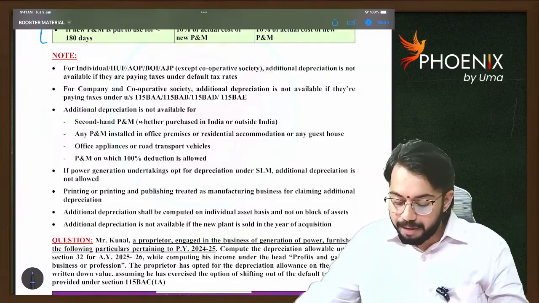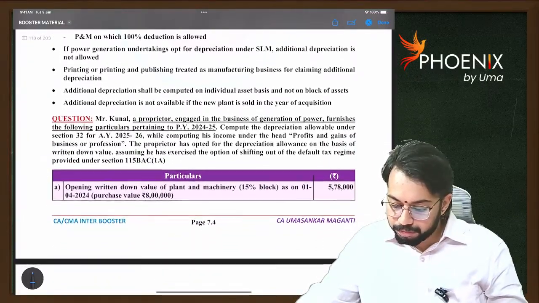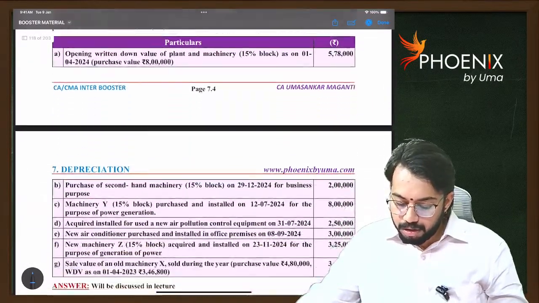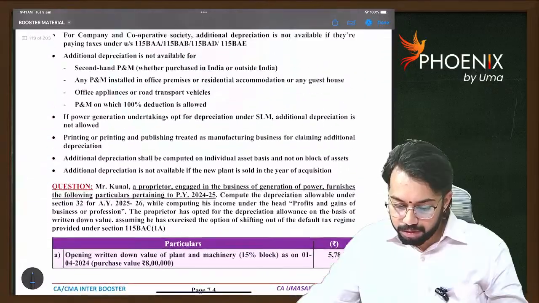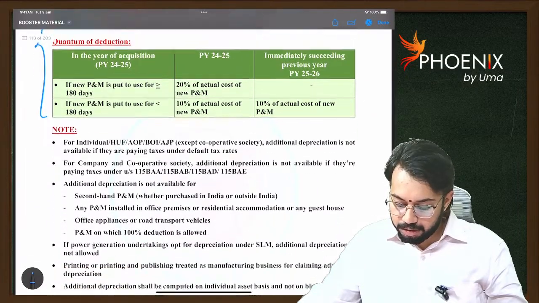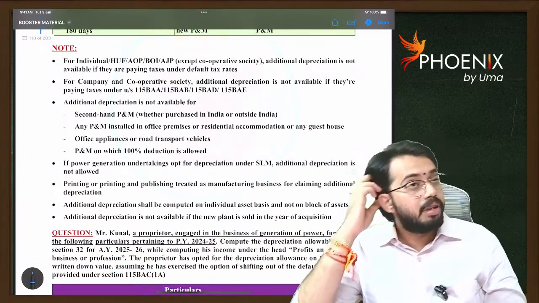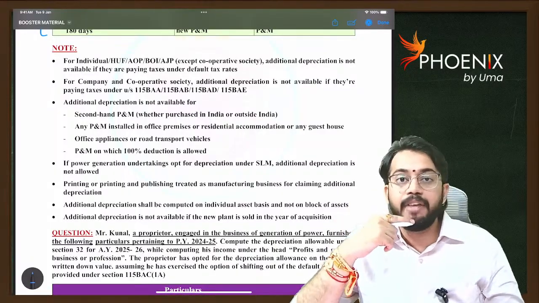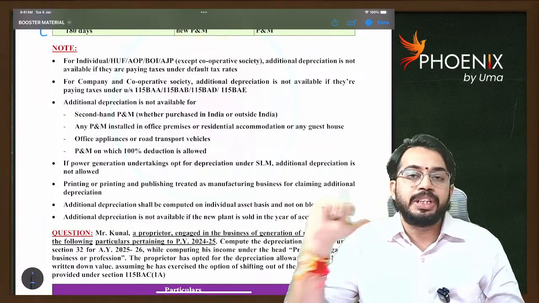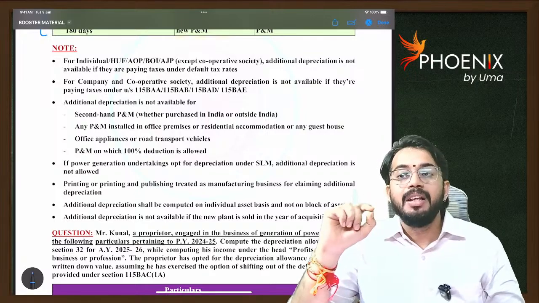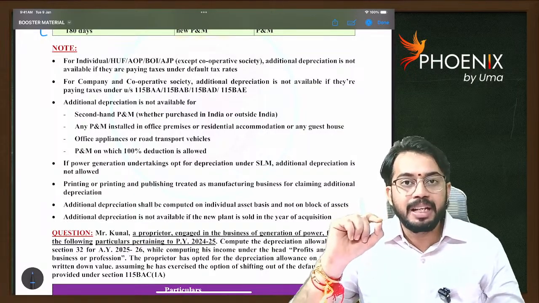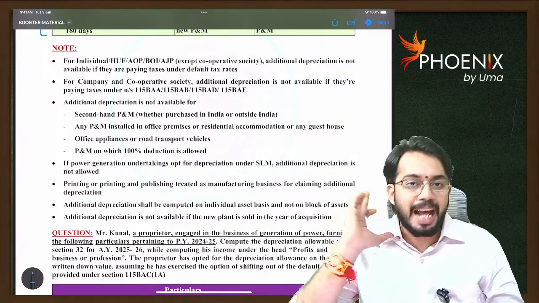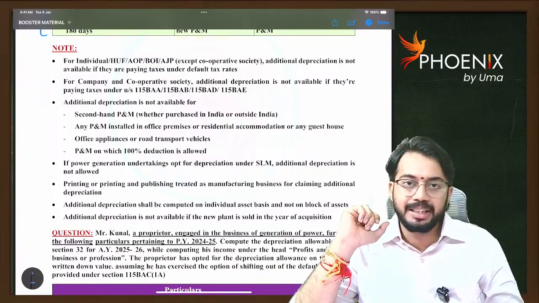Are you able to understand? If you are paying taxes under section 115BAC default tax regime, additional depreciation benefit is not available. That means additional depreciation benefit is available only if you are paying taxes under optional tax rate. Are you able to understand?